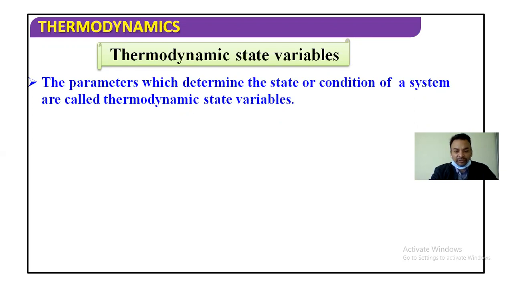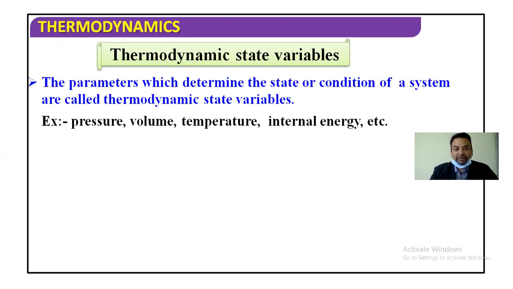So what are thermodynamic state variables? The parameters which determine the state or condition of a system are called thermodynamic state variables. Some examples are pressure, volume, temperature and internal energy.